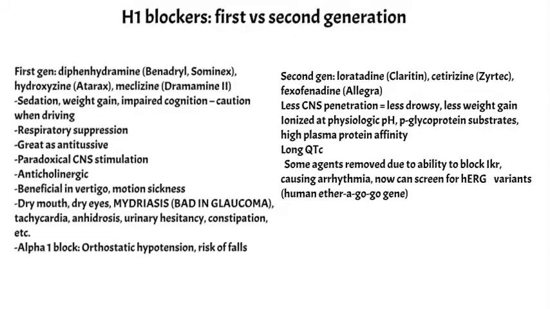So we see anti-SLUD: dry mouth, dry eyes, decreased urination, constipation, maybe some tachycardia, and mydriasis, which can be bad in patients with increased intraocular pressure from glaucoma. Our second generation agents like loratadine, which is Claritin, and cetirizine, which is Zyrtec, have less CNS penetration, so they cause less drowsiness, less weight gain, and they don't block the muscarinic receptors. They can prolong the QT interval, though, and predispose patients to arrhythmias.